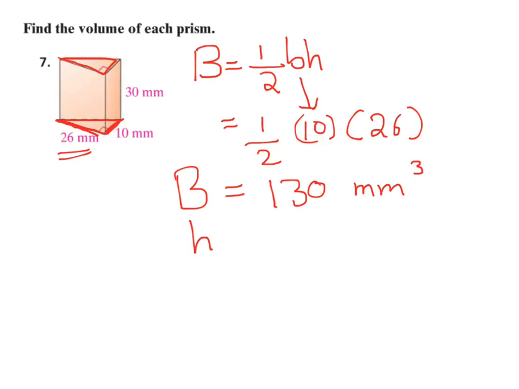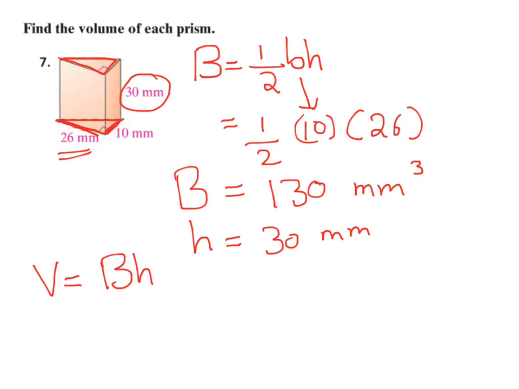What is the height of the prism? It is 30 millimeters, the distance between the two bases. What is the formula to find the volume of a prism? BH. Do we know how much is B?